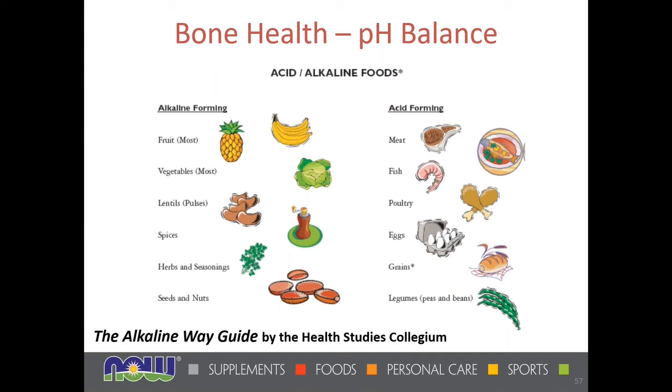So foods that you would think of as being acidic, like fruits, are actually some of the more alkaline forming foods in the diet. So produce, fruits and vegetables, lentils and spices and herbs and seeds and nuts all tend to be alkaline forming, and acid formings would be a diet high in meats and fish and poultry and eggs, grains, some grains, not all, and legumes.